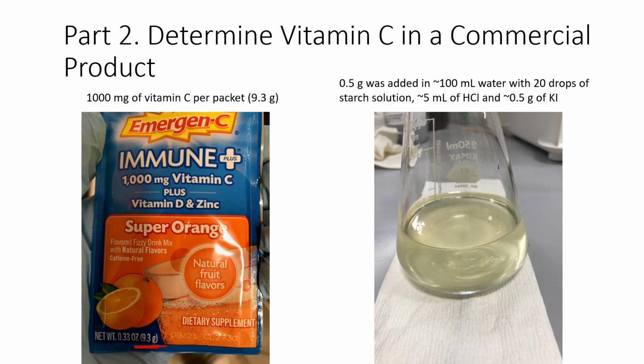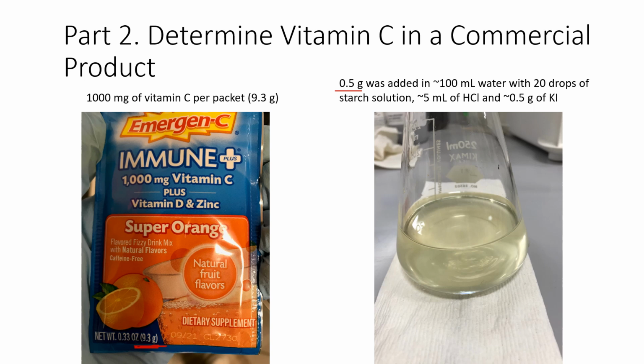And so then I add the starch, the hydrochloric acid, and the potassium iodate, using the same amount as I did in part 1. So pay attention, because I only add 0.5 gram. So the amount of ascorbic acid I determined through the titration, those ascorbic acid come from 0.5 gram.